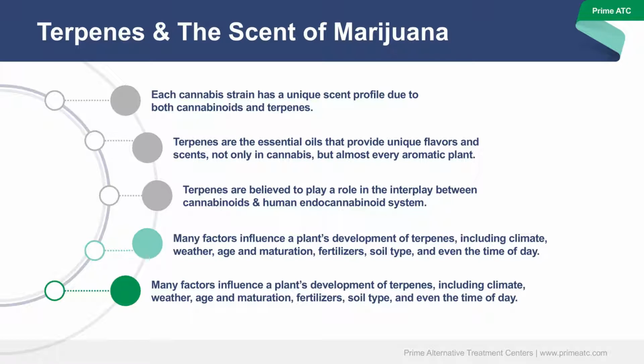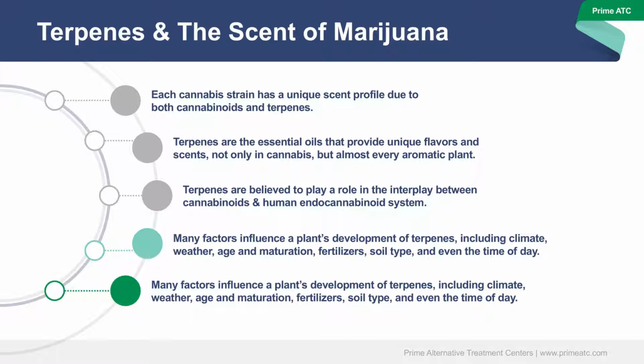There are many factors that influence a plant's development of terpenes, including the climate, weather, age, and maturation, as well as fertilizer, soil type, and even the time of day. Over 100 different terpenes have been identified in the cannabis plant, and every strain tends to have a unique terpene type and composition.